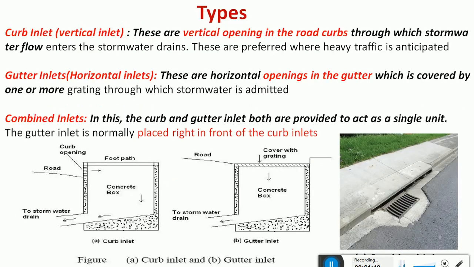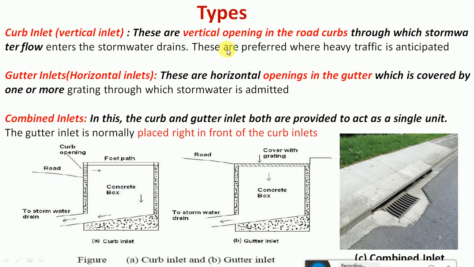This is the image of the street inlet, the combined inlet, as we call it. Like I told you, we have two types of inlet: curb inlet or vertical inlet, and horizontal inlet. If the water enters vertically, we call it a curb inlet or vertical inlet.